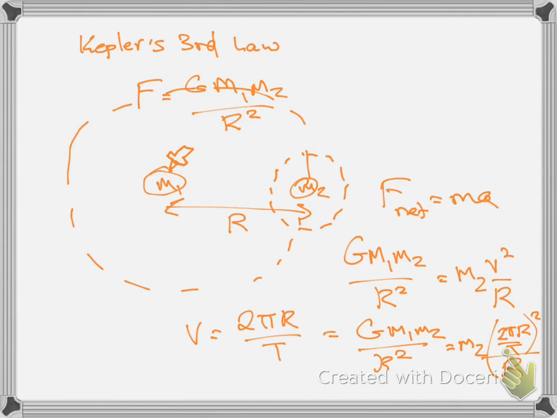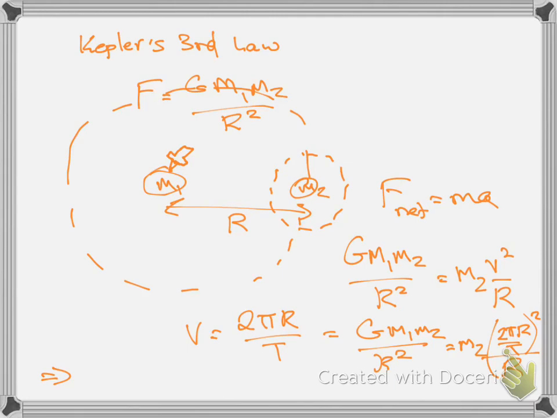We then solve that equation. If we cross-multiply, putting T on the left and r on the right, on the left-hand side we're going to get a T squared.